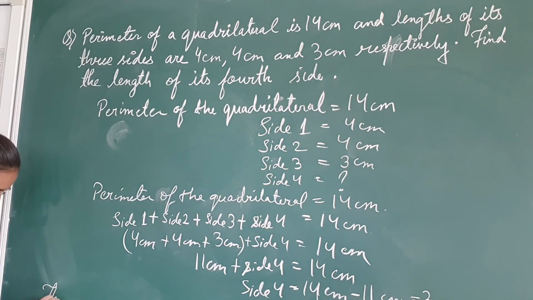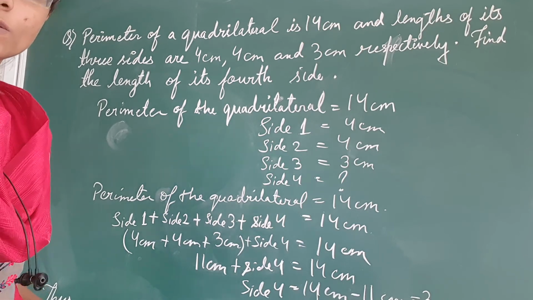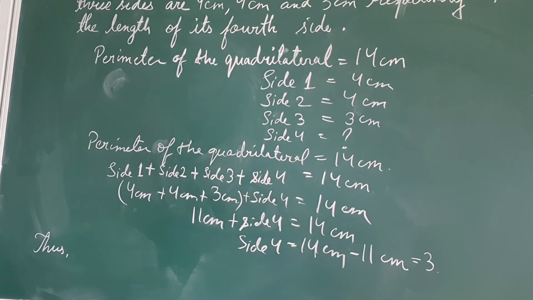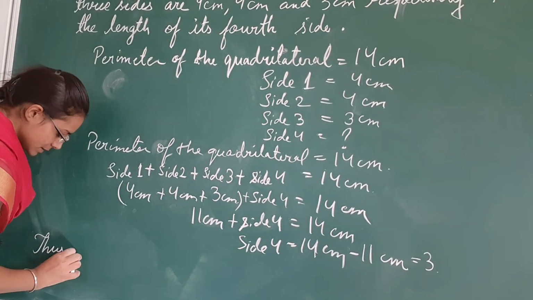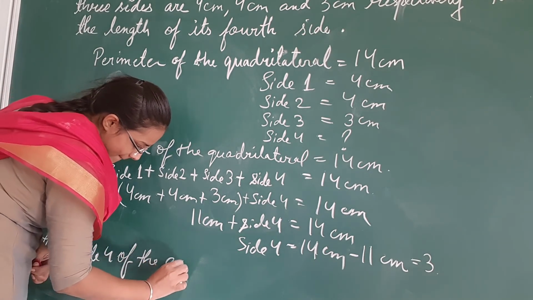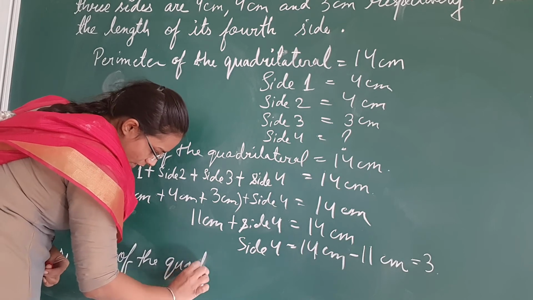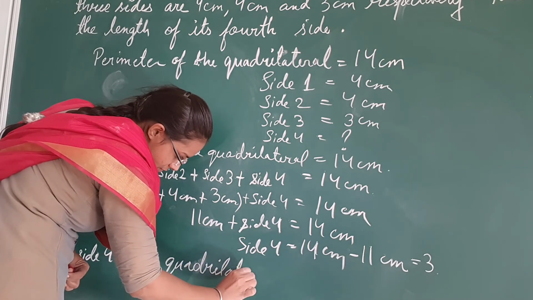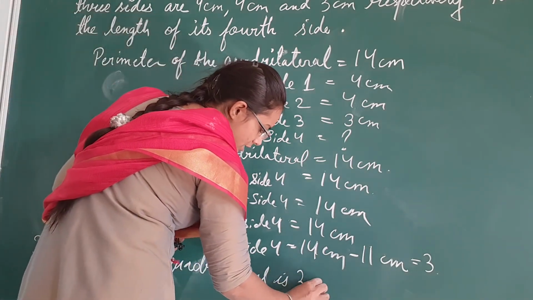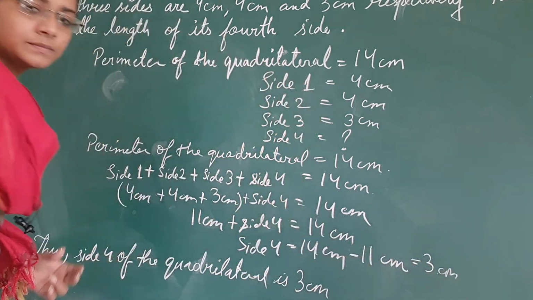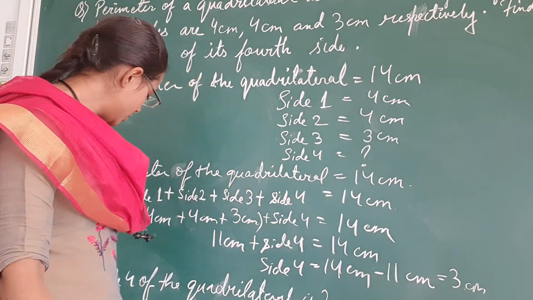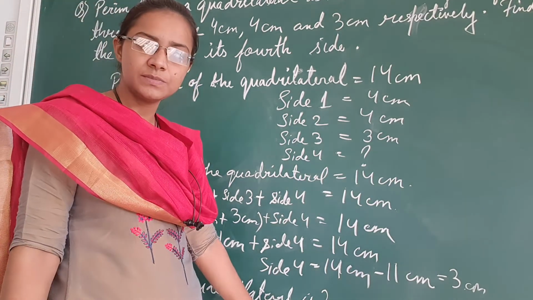Thus side 4 of the quadrilateral is 3 centimeter. Okay.